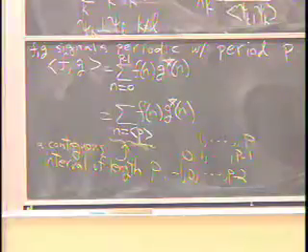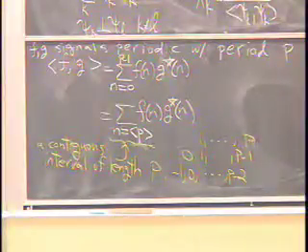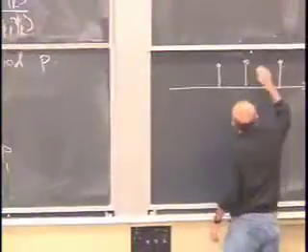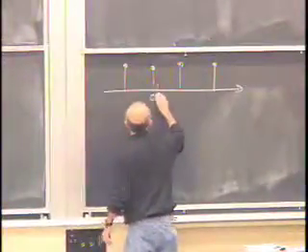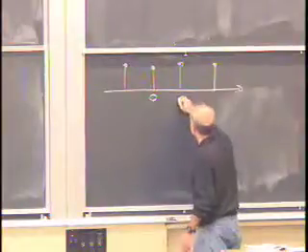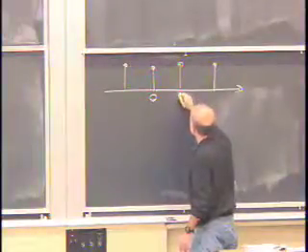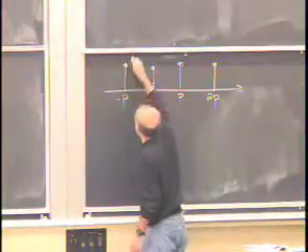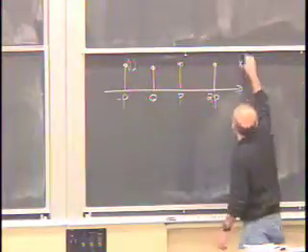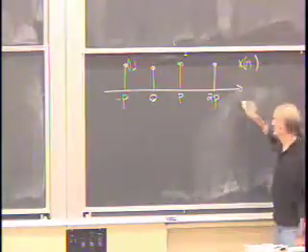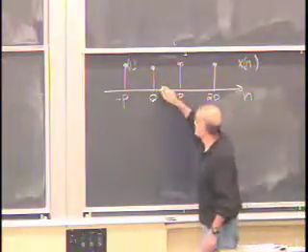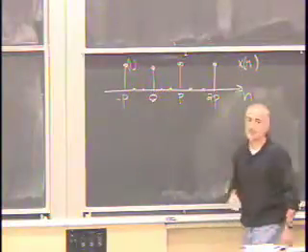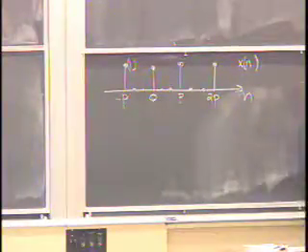Let's do an example. Zero, let's say p, 2p, minus p. This is my signal x. It's 0 all between. An infinite impulse train. Is this a periodic signal?